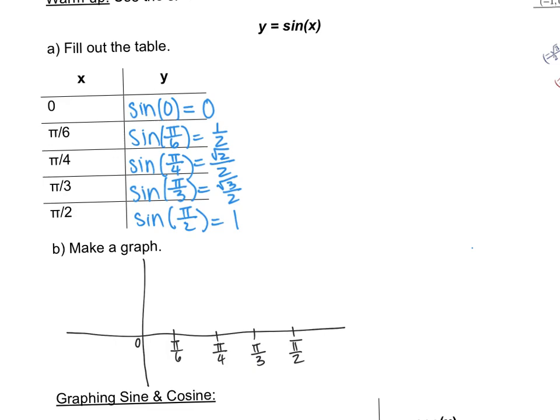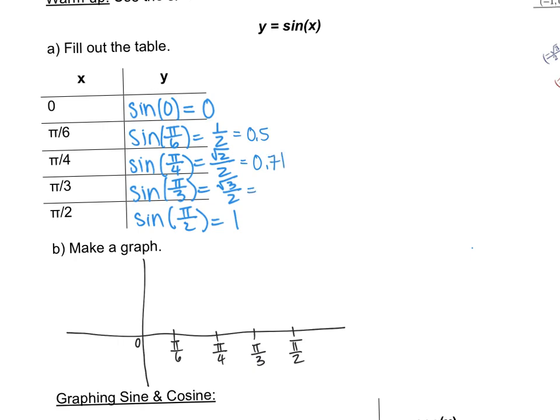To scale our y-axis here, I want us to take a look at these y values that we've collected. I notice that I have a lot of fractions and radicals, or roots. So I'm going to change them to decimals to make it a little easier to see what my numbers are. 1/2 is equivalent to 0.5 as a decimal. Square root of 2 over 2, if you put that in a calculator, is about 0.71.